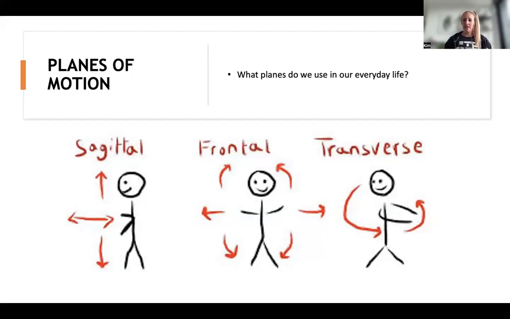But if people only moved in the sagittal plane, they'd be moving around like robots, going straight forward, then a full body shuffle to turn, then straight forward. That's not really how we move, right? We reach to the side to pick things up. We rotate every time we put our seatbelt on, every time we get something out of the cupboard over our heads. Rotation and frontal plane movement are key movements in our everyday life.